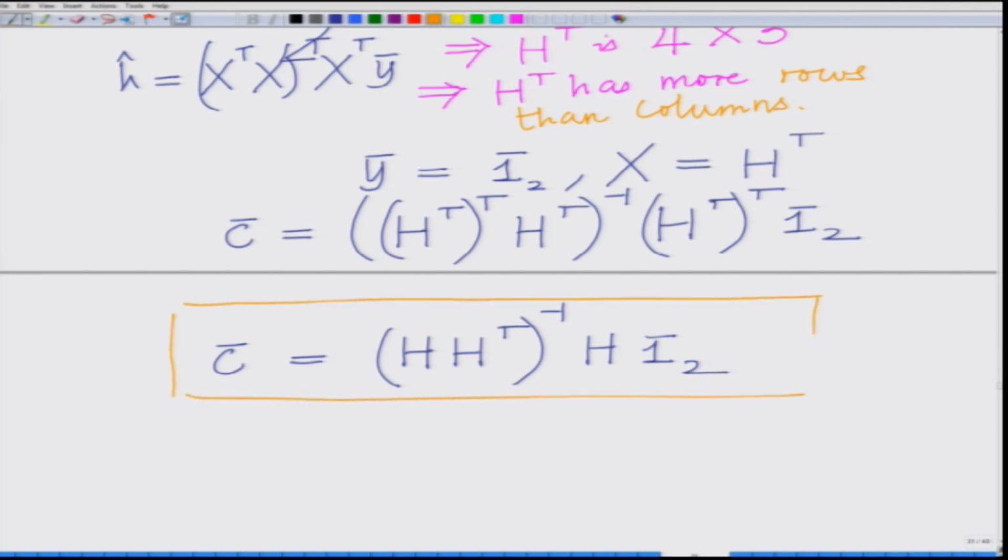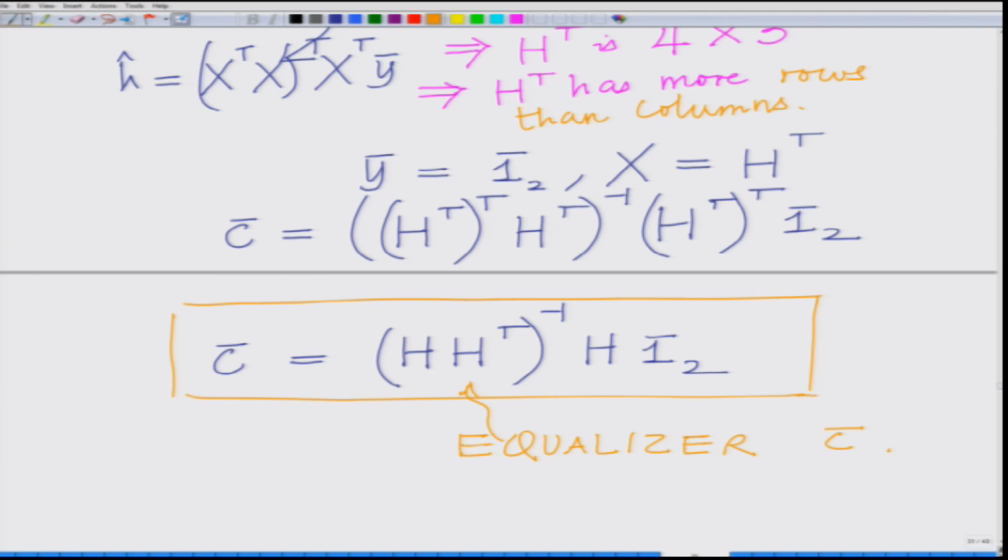This is basically your equalizer, that is the equalizer C bar, which is H transpose inverse H transpose H times the vector 1 bar 2.